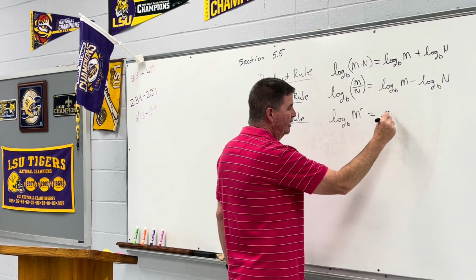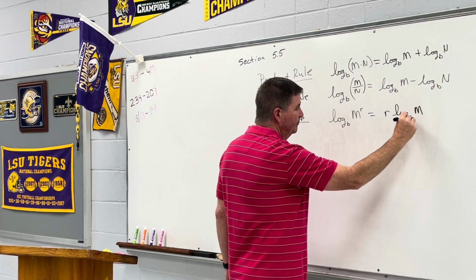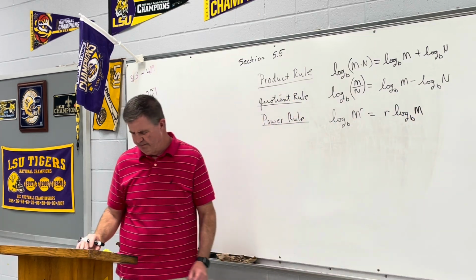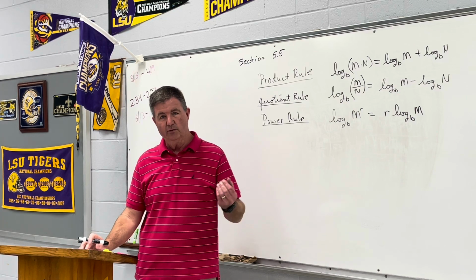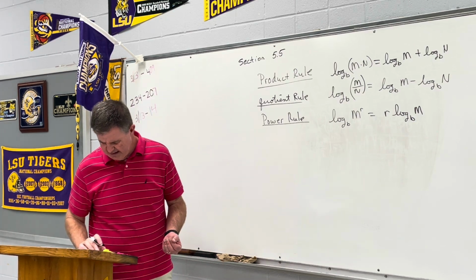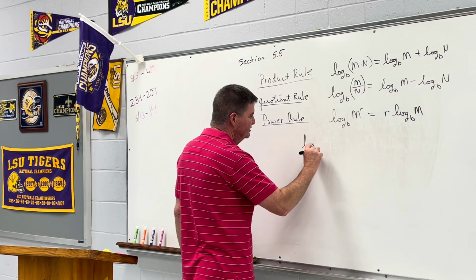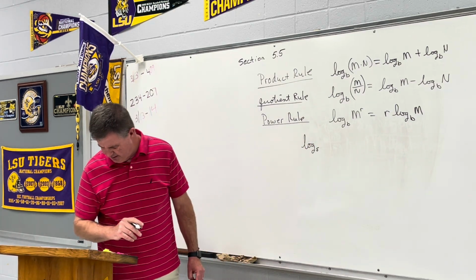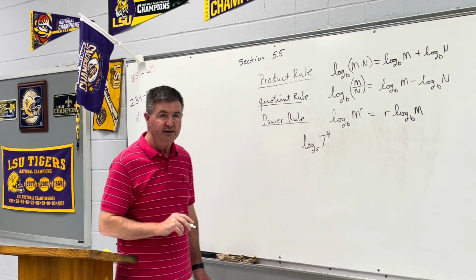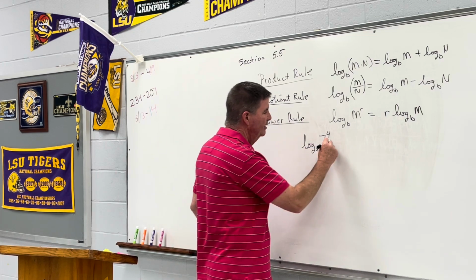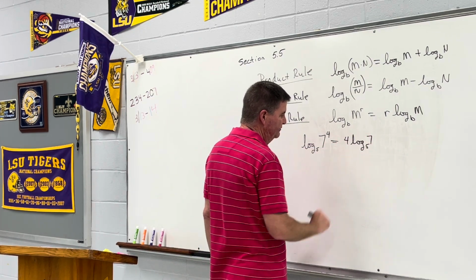It's going to be r times log base b of m. That is the power rule. So again, that's also expanding when we do a power. If they say expand each log, we could have log base 5 of 7 to the 4th power. If I'm expanding this, the only thing I can do is the power rule, bring it out front. That is 4 log base 5 of 7.